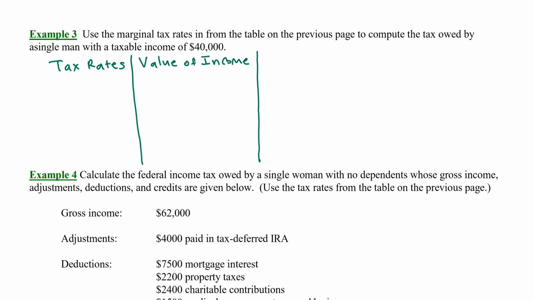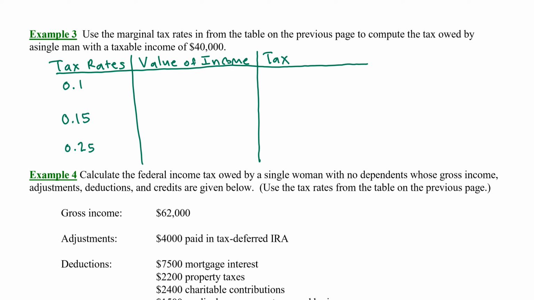And then let's look at the tax owed. This is going to be the actual amount in dollars that he's going to owe. The three tax rates that are going to apply to him are 10%. Notice I have already converted it to a decimal. 15%, that's 0.15, and 25%.